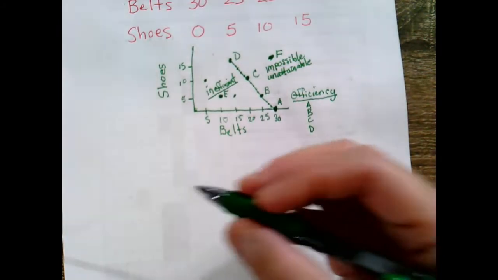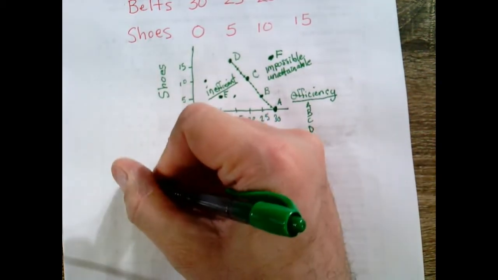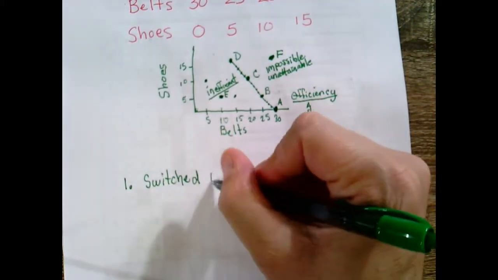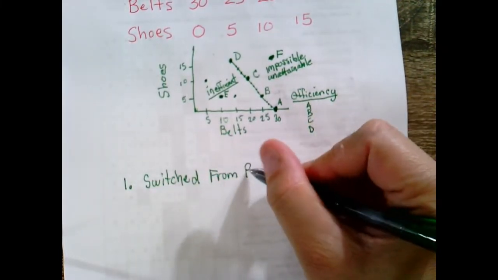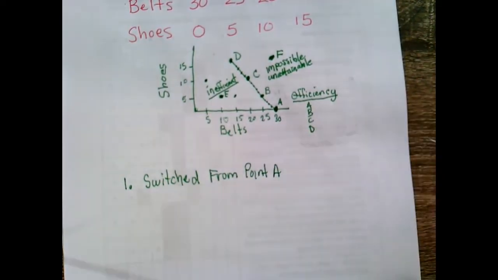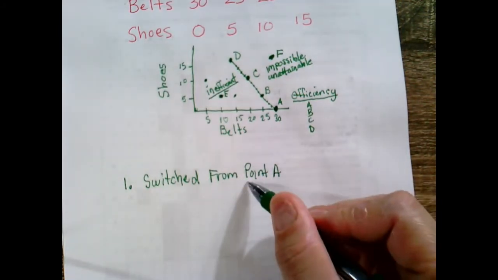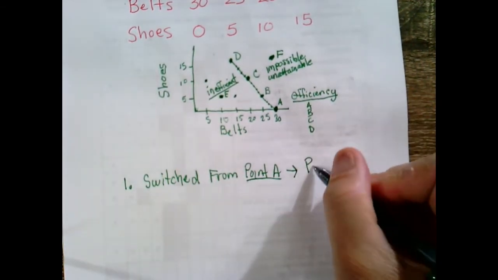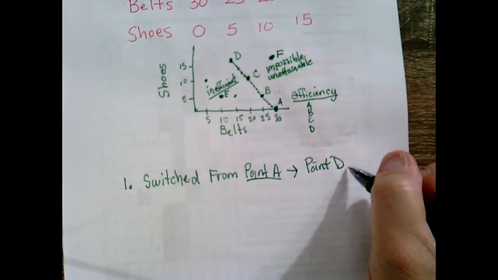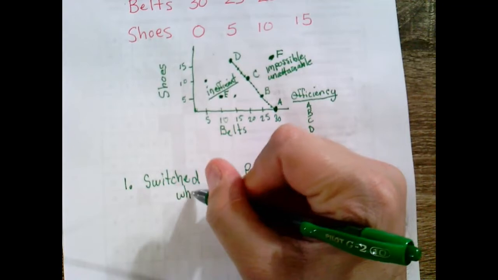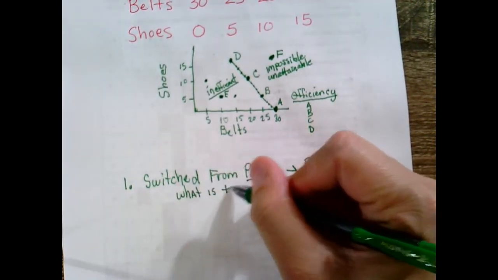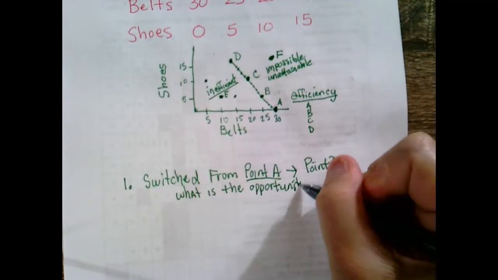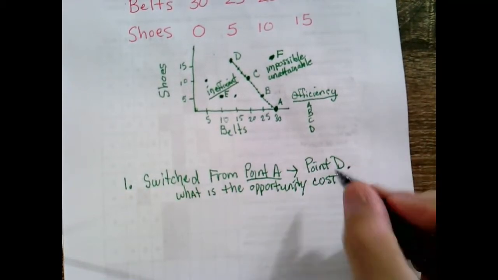So, suppose this company was producing at point A. So they are switching from point A, that's where they used to produce, and now they are going to start producing at point D. What is the opportunity cost in doing so?